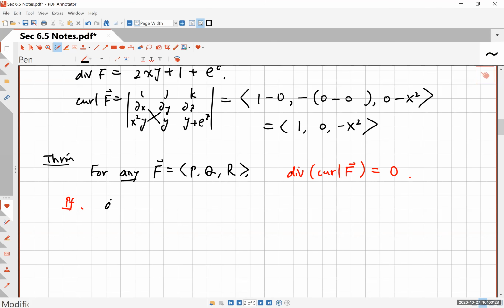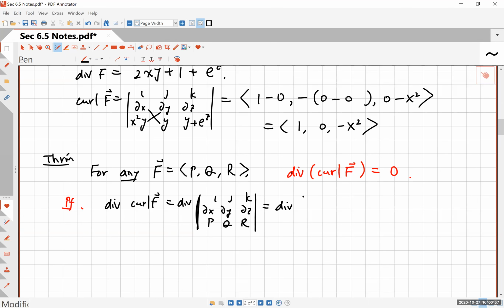All right, so we're talking about the divergence of the curl of F. What is that? It's the divergence of the determinant with rows i, j, k, then the gradient operator, and then P, Q, R. And so what is that?